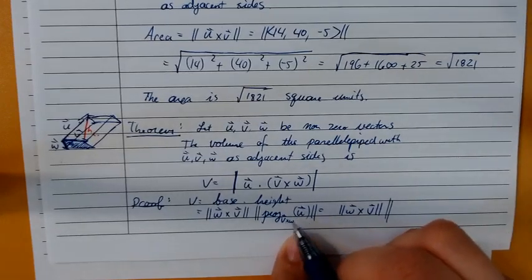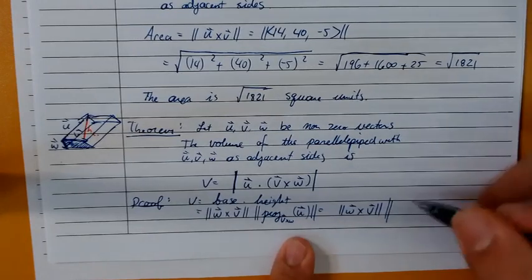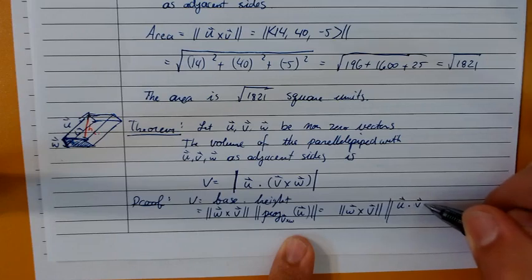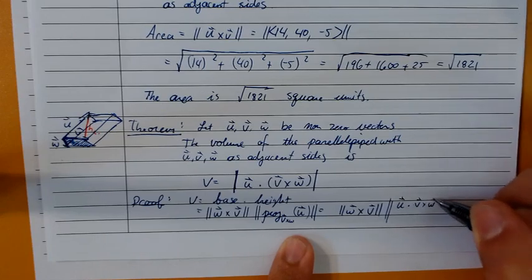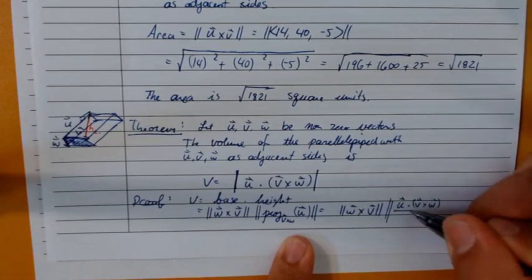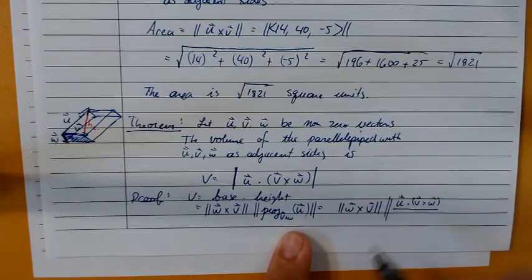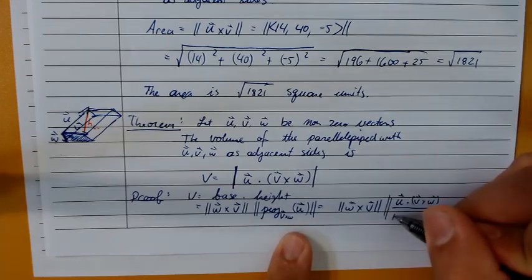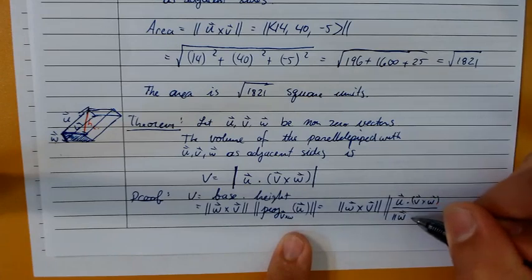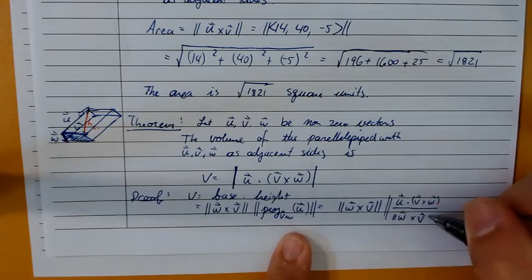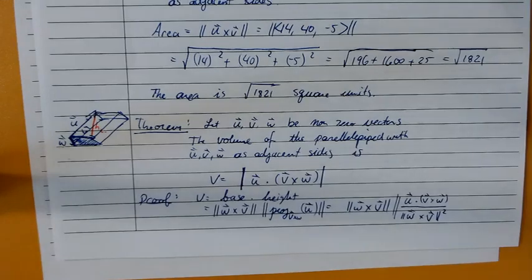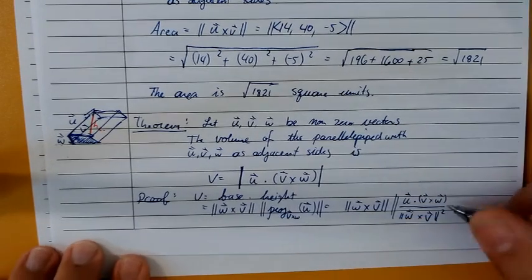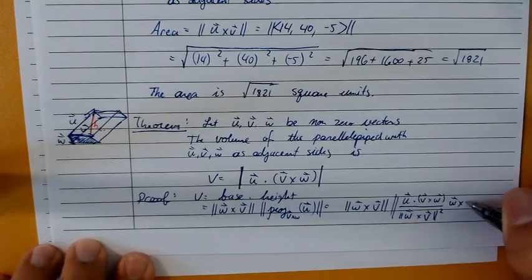U projected onto this is going to be u dot this thing, divided by this thing times itself, squared like that, times the actual vector that you're projecting onto, which again is just w cross v.